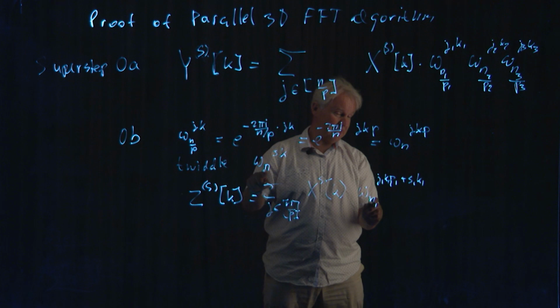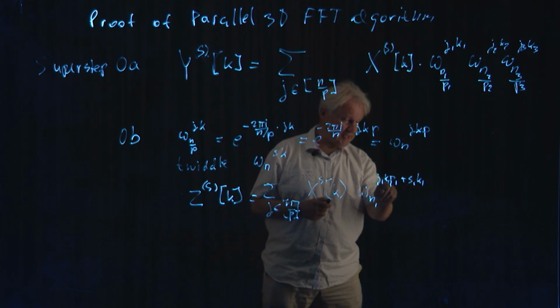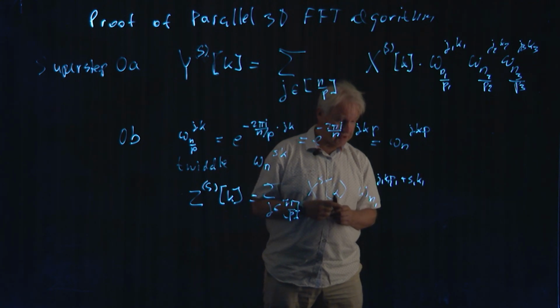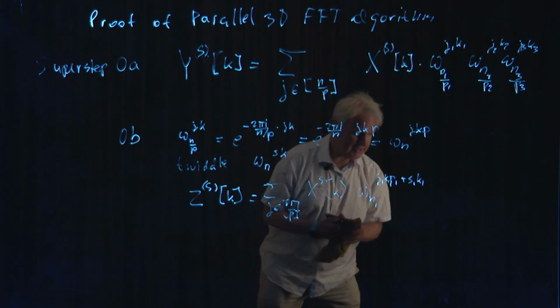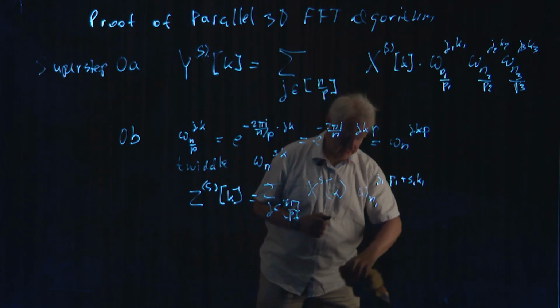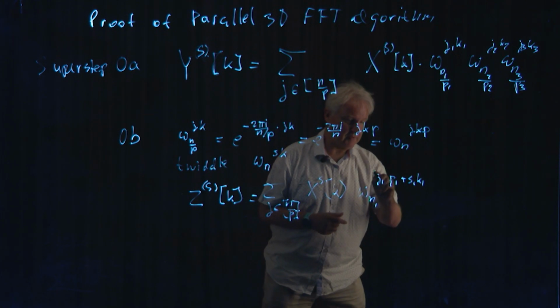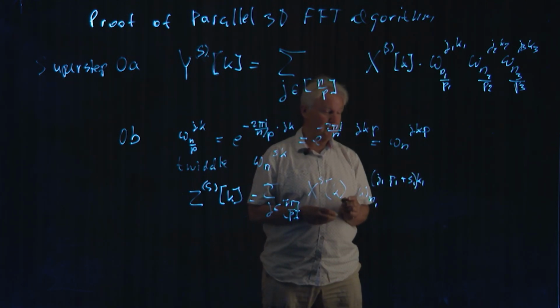same omega n1. And then, of course, you see a k1 here and a k1 there. So we can take this out of the brackets. So what we do here is j1 p1 plus s1 times k1.